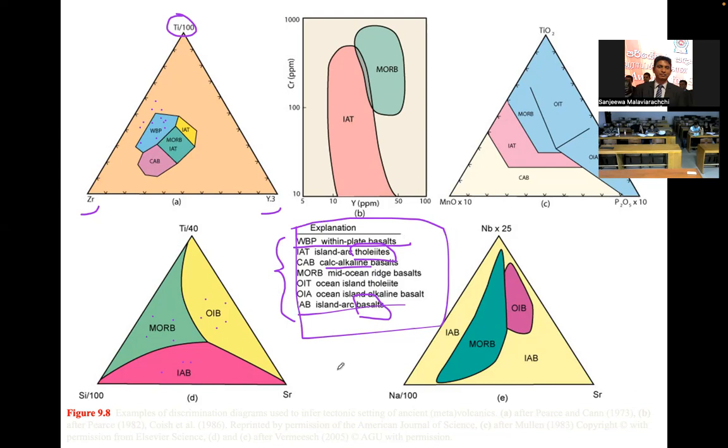So the description on tectonic settings. You don't have to talk about these triangles or these diagrams. You have to discuss about these settings only. Okay, I'm not asking you to discuss about the diagrams. Only these settings.